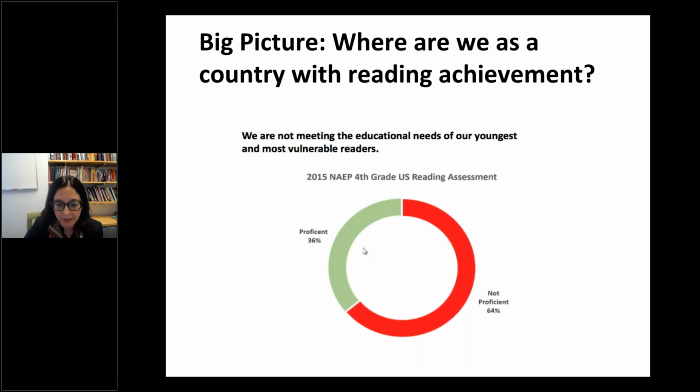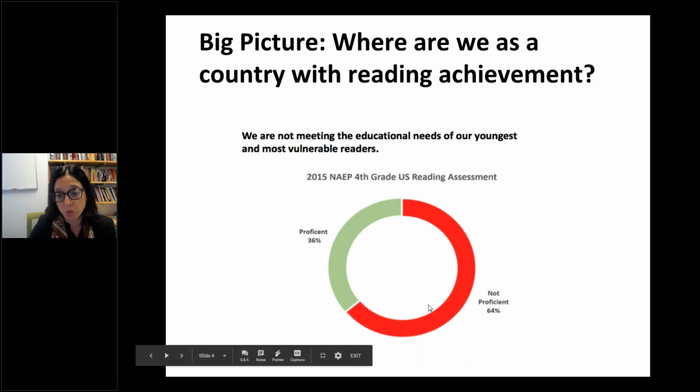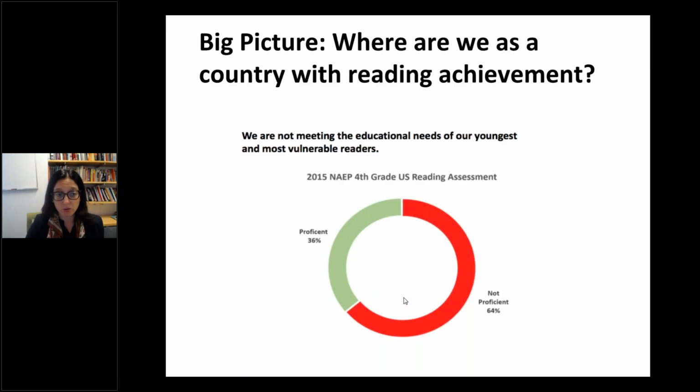Every time I look at this, I just can't believe that we have so many kids falling through the cracks before their 9th birthday. And it hasn't really gotten better. This has pretty much stayed the same for the last 20, 25 years. It's what drives me in my work, and I assume it's what drives a lot of us as educators: how can we be living in the healthiest and wealthiest country with more technology than ever and still only have 64% of kids proficient?